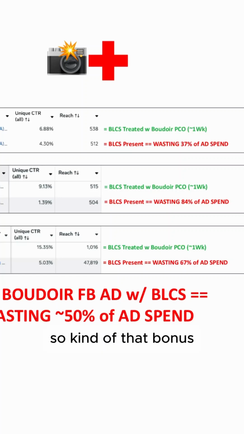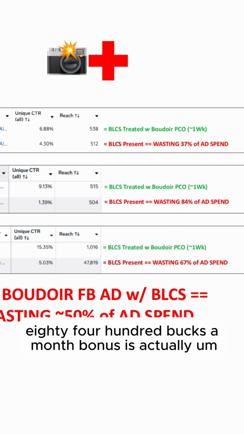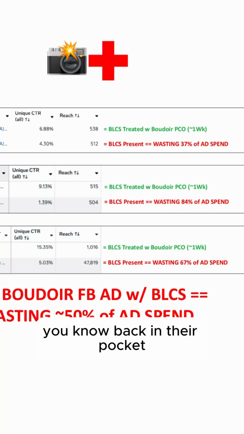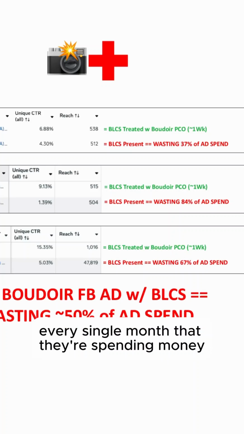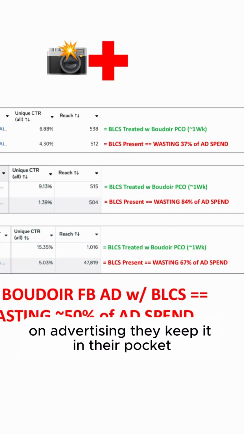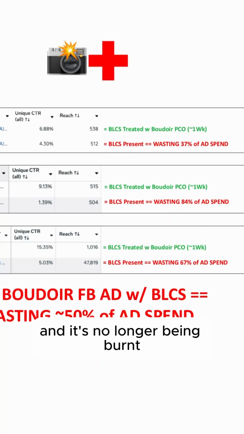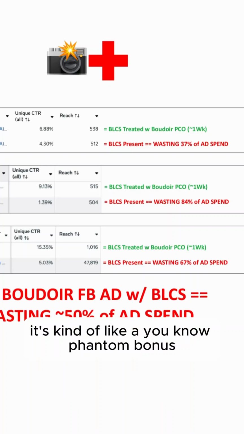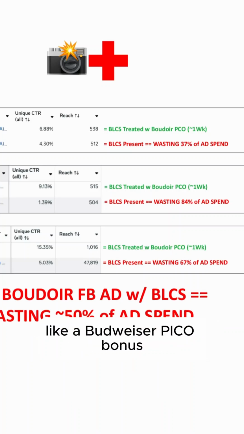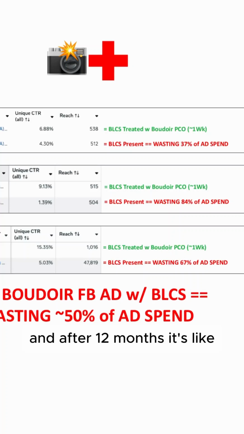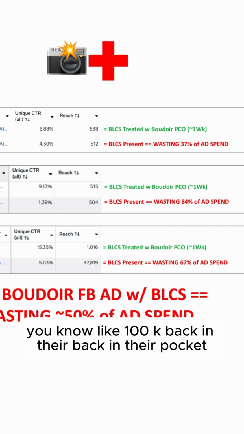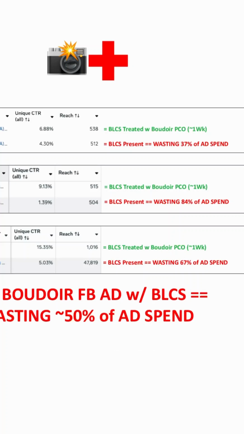So that $8,400 a month bonus is actually back in their pocket every single month that they're spending money on advertising. They keep it in their pocket, and it's no longer being burnt. It's kind of like a phantom bonus, like a Boudoir Pico bonus. And after 12 months, it's like 100K back in their pocket.